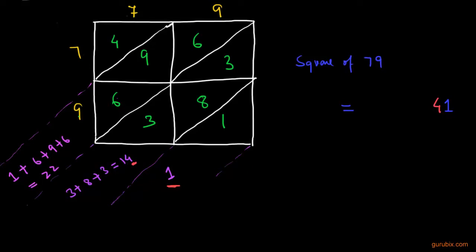And now we shall underline the unit digit of this sum and write it here, and now we shall carry over this 2 here to add with 4, and it is equal to 6. So we shall underline this 6 and write it here. So the square of 79 is 6241. This is how we can find the square of any 2-digit number by using the diagonal method.